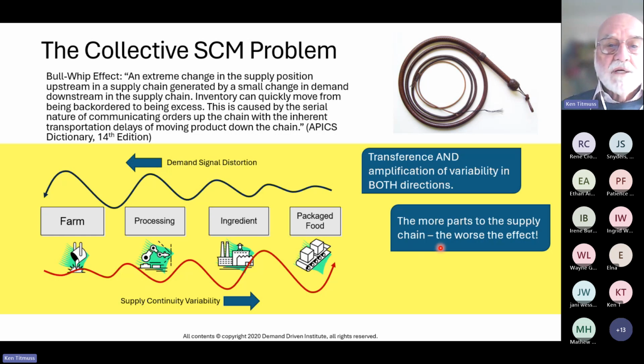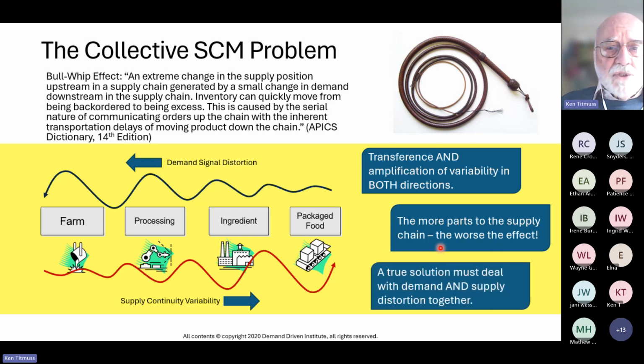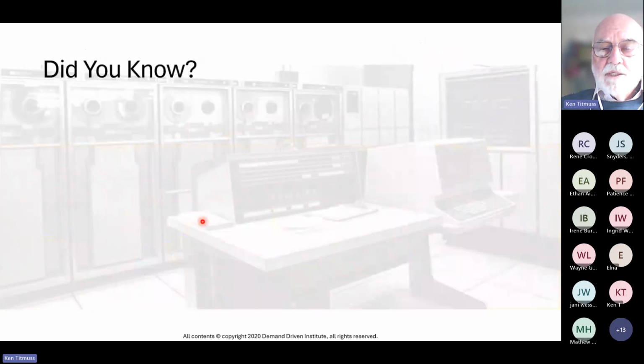And the more products or items that we have, particularly in our bills of materials, then the worse this effect is going to get. So a true solution really needs to be able to deal with this demand and supply distortion within our supply chain. This is really the killer in our supply chains, this bullwhip effect. We'll talk about how we can mitigate that at a later stage.